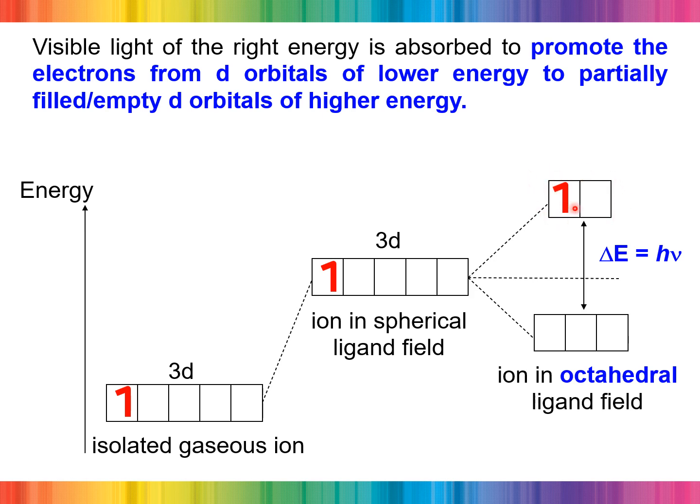You need to have a partially filled or empty d orbital here for the promotion of this electron that has gained the energy from that wavelength of light, and that is the energy gap that it will cross over.